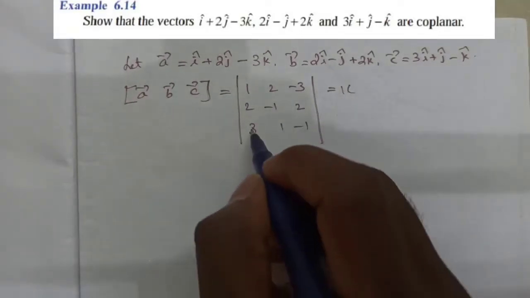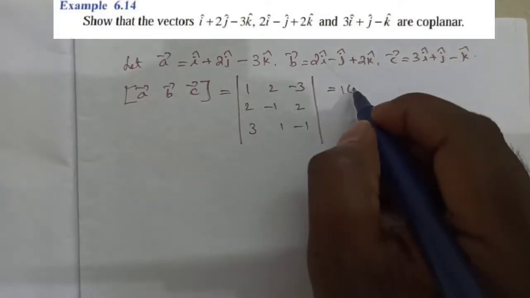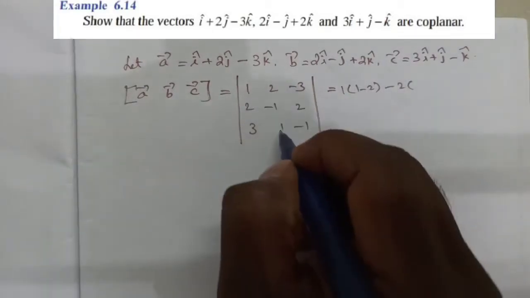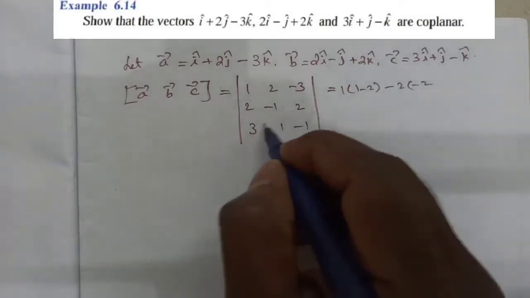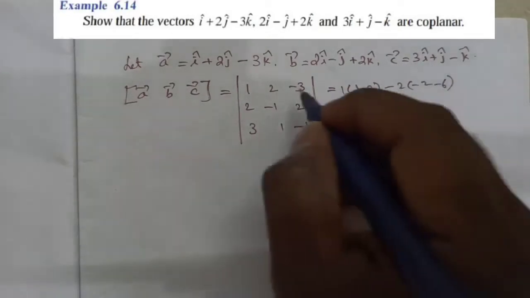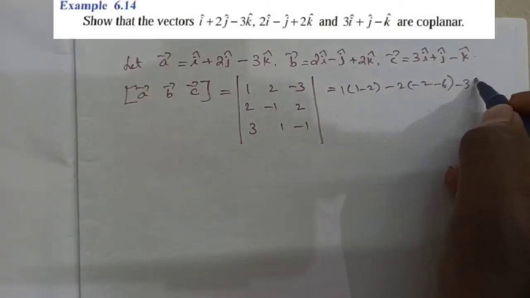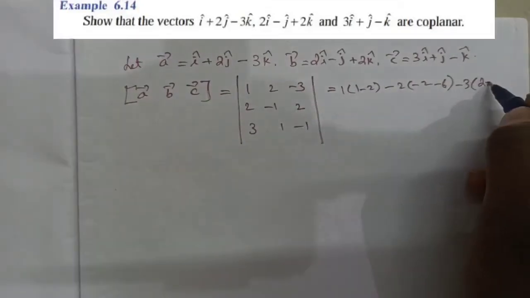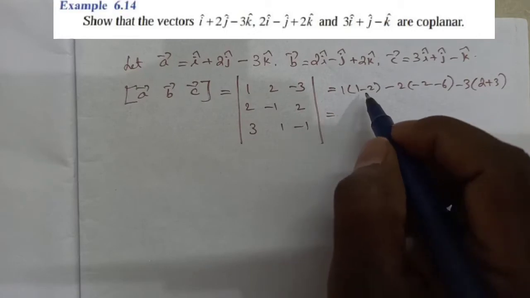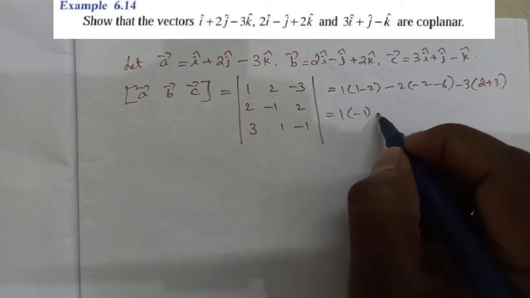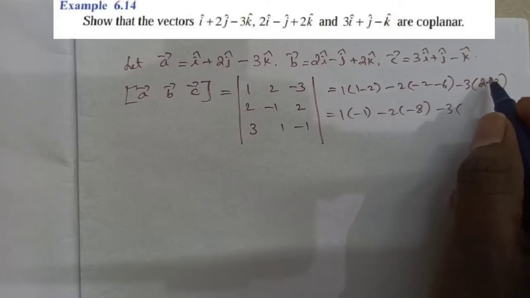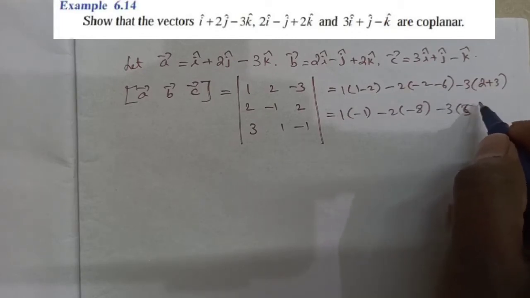So 1 into minus 1 into minus 1 plus 1, this is minus 2. Next minus 2 into minus 2, this is minus 6. So next one, minus 3, 1 into 2, this is minus and minus plus 3. So 1 into minus 1, minus 2 into minus 8, minus 3 into this is 5.